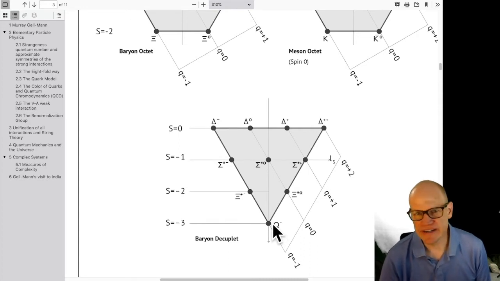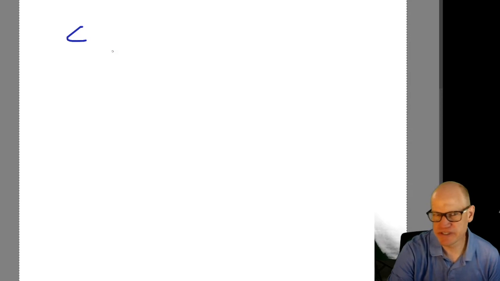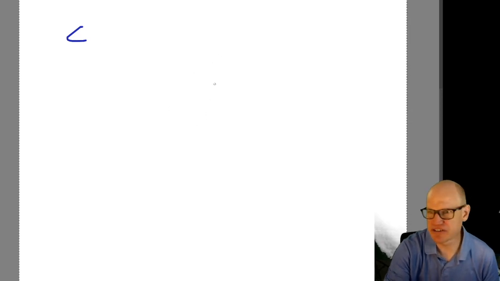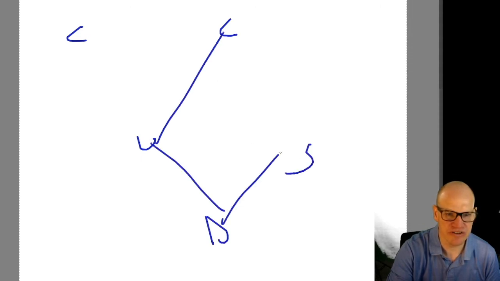Well, time goes by, and there were other quarks that were discovered. So the strange quark was the first one discovered, but then along came a charm quark. So you add the charm quark to the mix, and now you have, instead of a triangle, a tetrahedron. And you can have charm, up, down, strange, and you can put together any combination of all these particles.